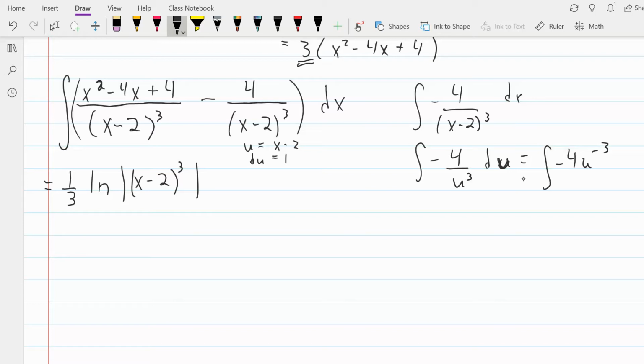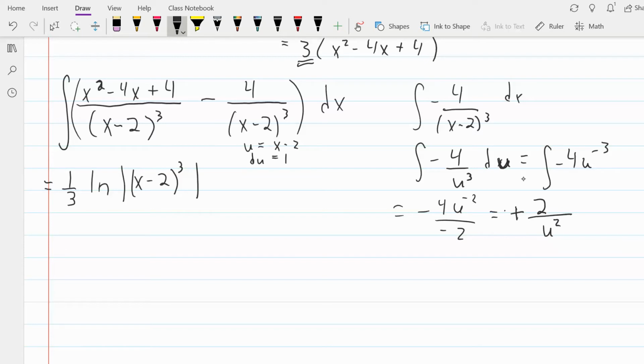So that's going to be negative 4 u to the negative 2 divided by negative 2. That's just going to be equal to plus 2 over u squared.